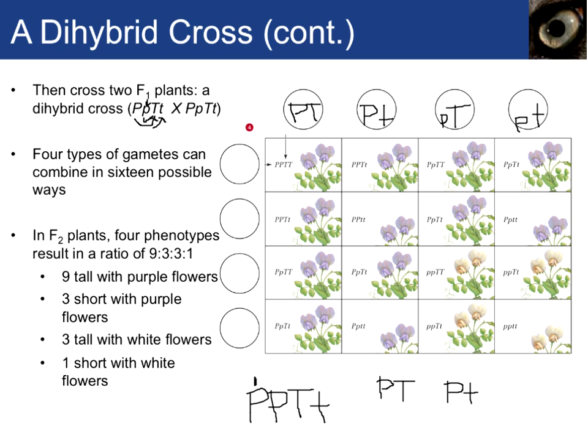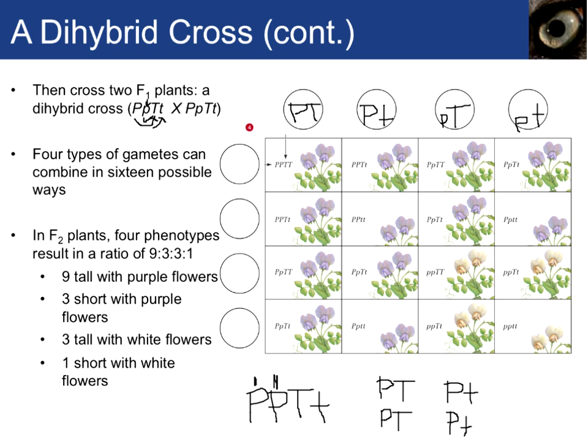Then move to the next one, the other capital P, and it's the same thing, capital P, capital T, capital P, lowercase t. Those are the four gametes that are produced.